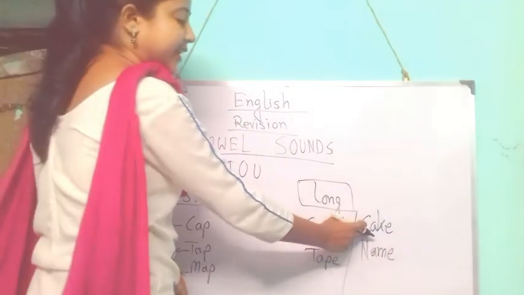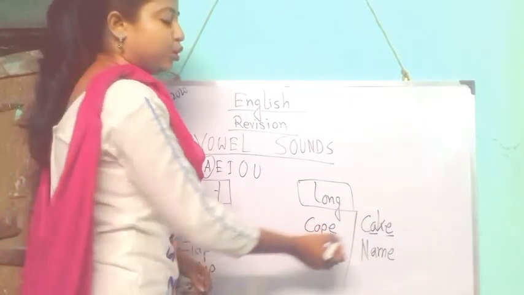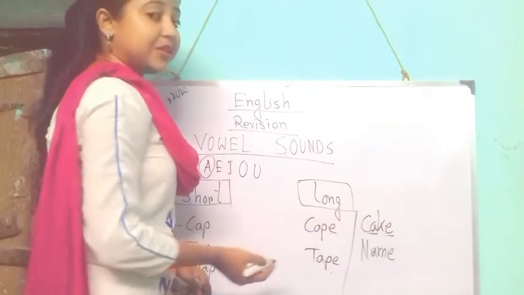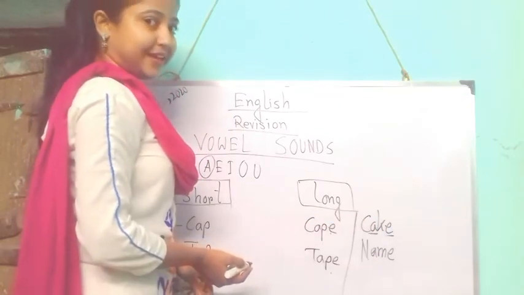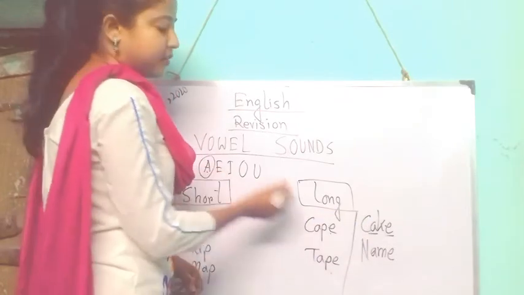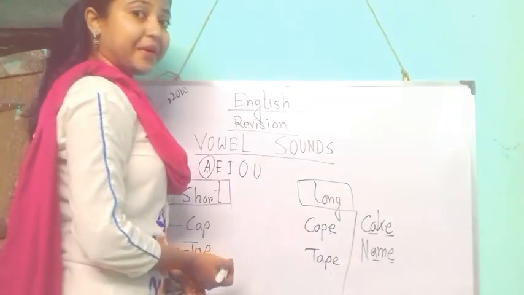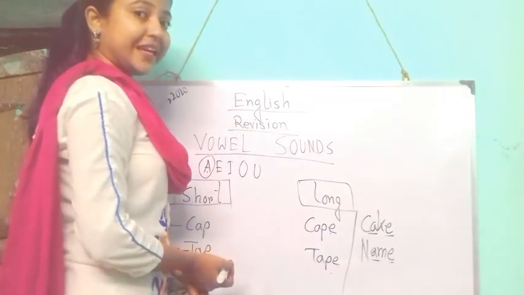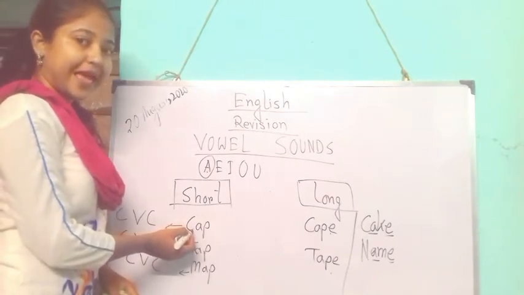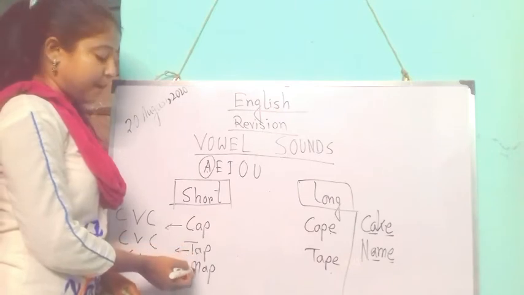In cake, see, here one vowel is A and another vowel is E. Though the main vowel is our A, right? But it sounds cake, not cack. It's cake. A sounds like A. And name, here also 2 vowels. Name. And it sounds like A. But here it was cap. A. Here tap. A. Map.